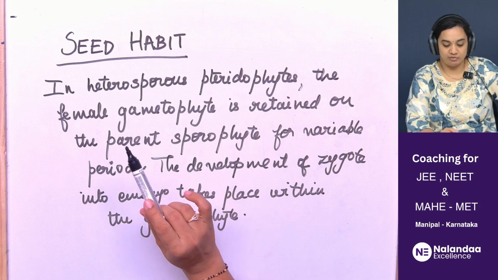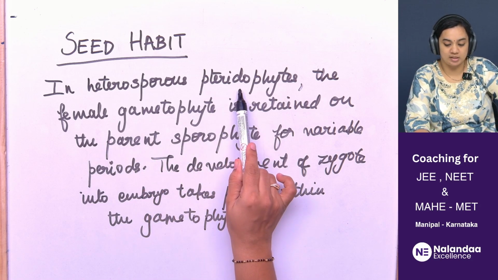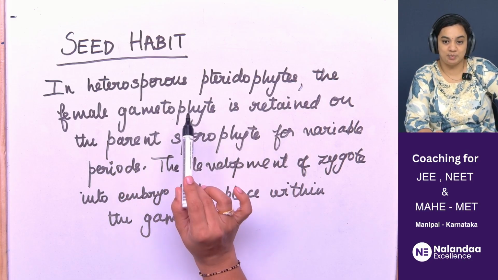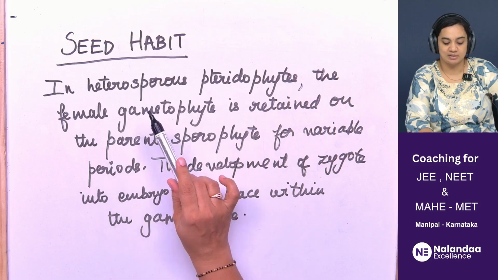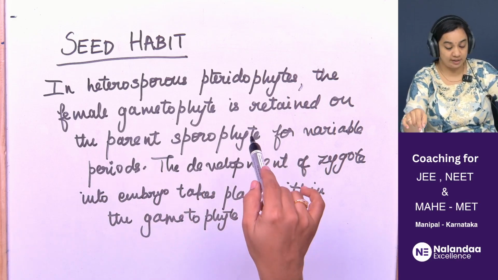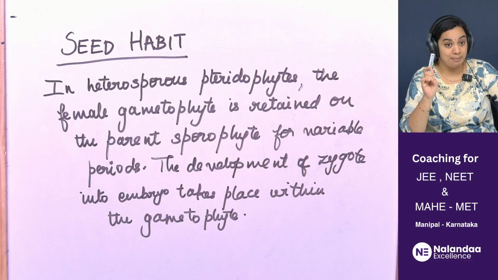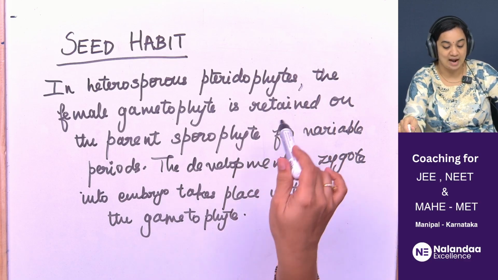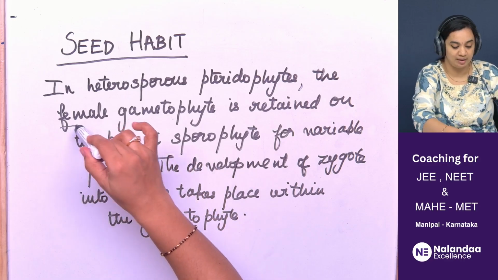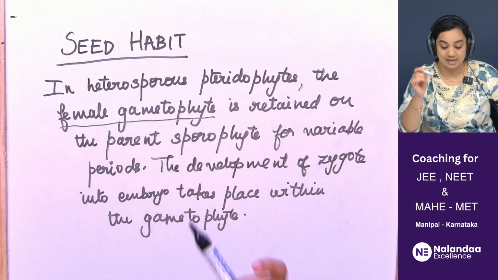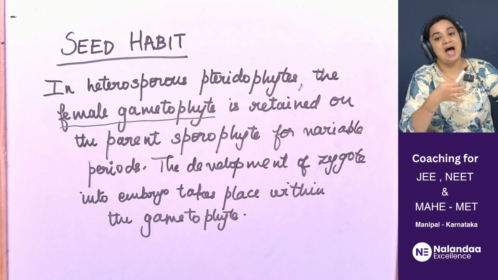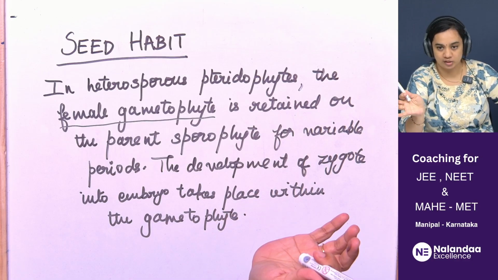Now carefully listen. In heterosporous pteridophytes, the female gametophyte, which means the female prothallus. That is why I was explaining how in heterosporous pteridophytes, the male microspore will develop into the male prothallus and the megaspore will develop into the female gametophyte or female prothallus. Now, usually the spore will be released and the gametophyte will be produced on the soil.